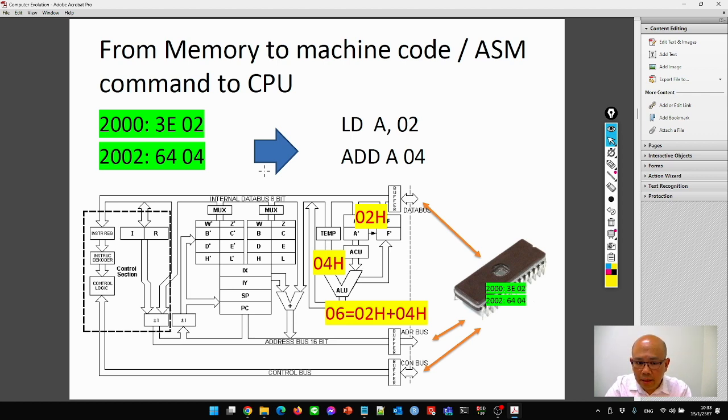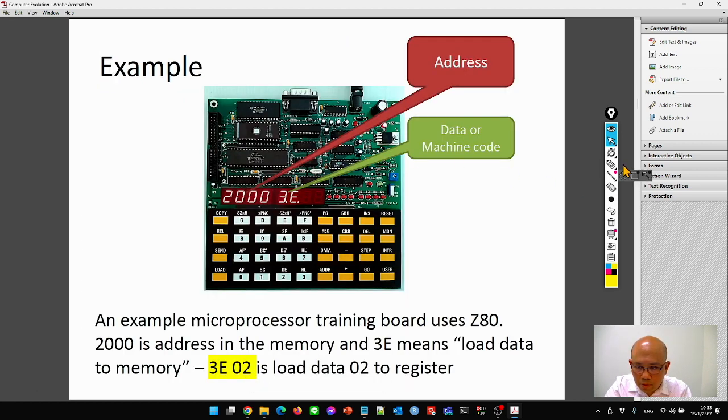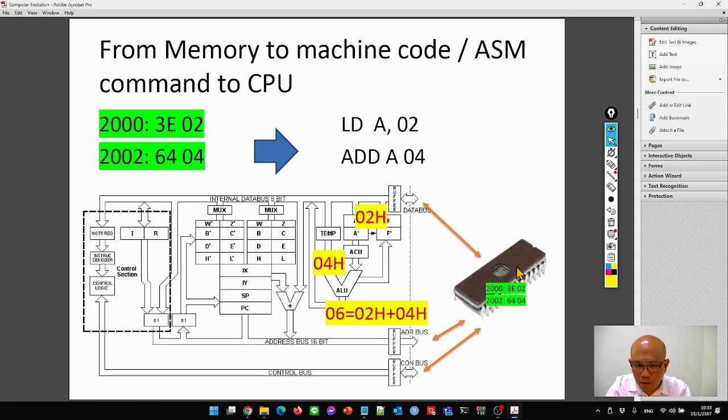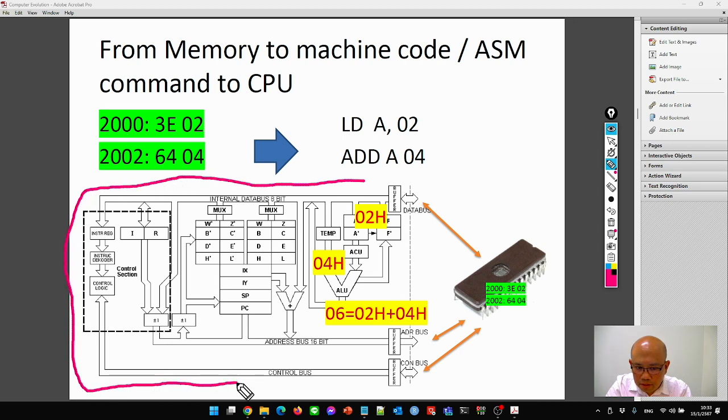Here is a diagram inside the Z80 CPU, and in the picture, this is the Z80 CPU. This is the next page, and for all of this, this is a diagram inside the Z80 CPU.